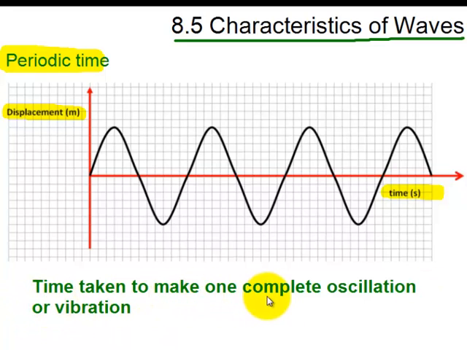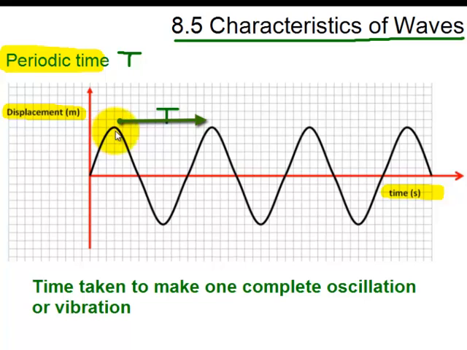Time taken to make one oscillation or a vibration is what we refer to as periodic time. The symbol given for periodic time is capital T.